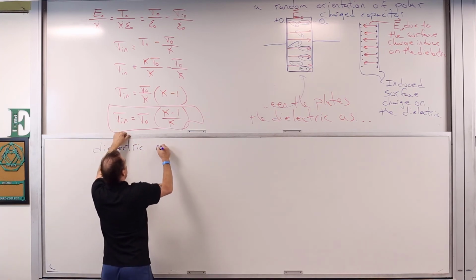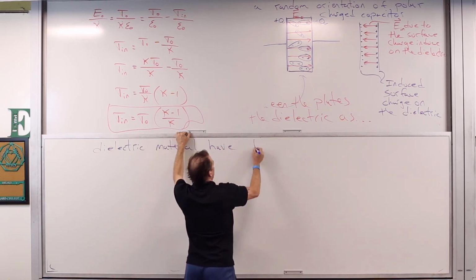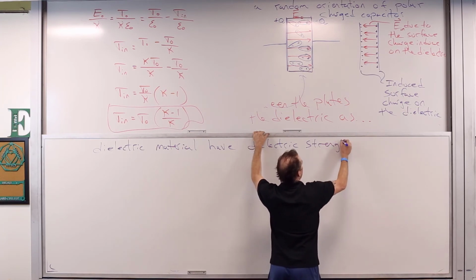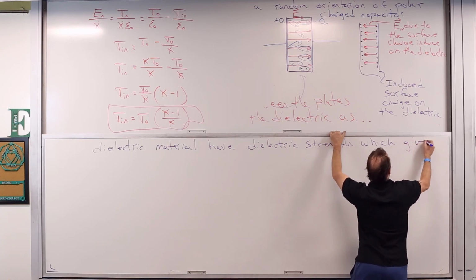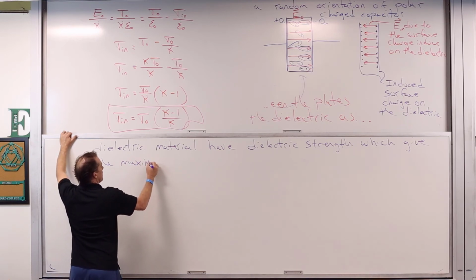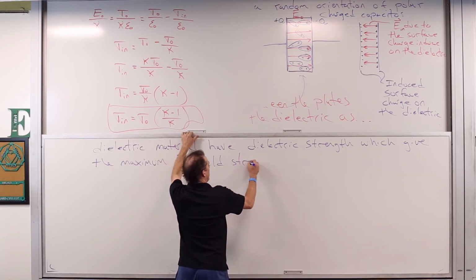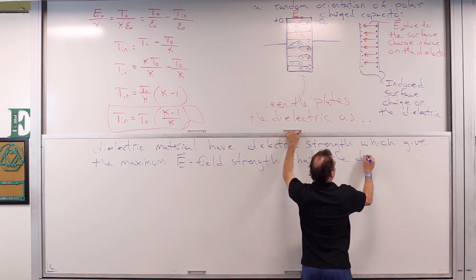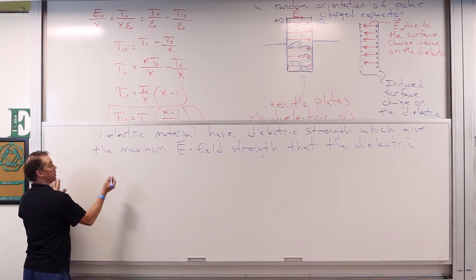Dielectric materials have dielectric strengths, which give a maximum electric field strength that the dielectric can withstand before it becomes conductive.